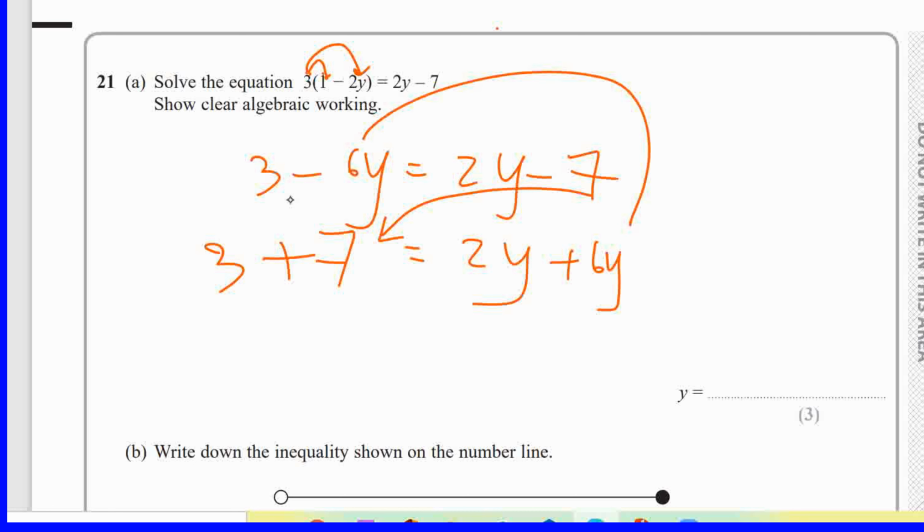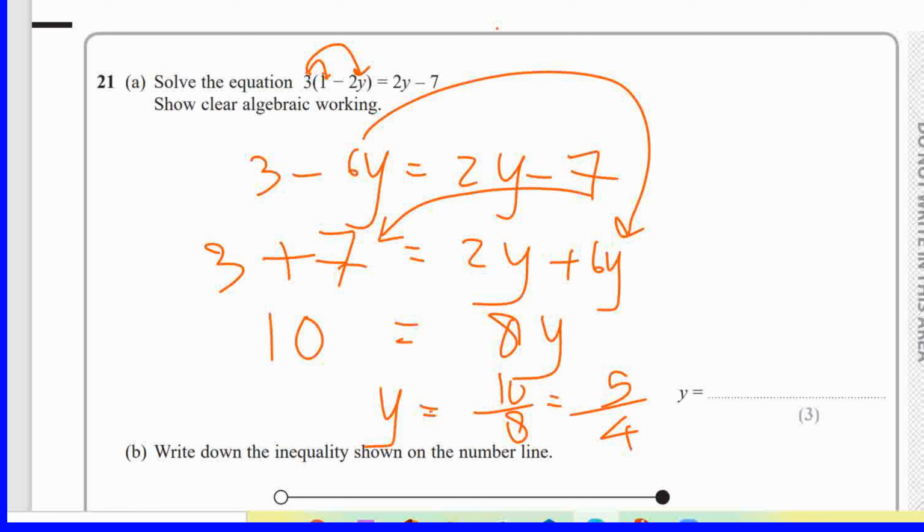So we'll get 10 equals 8y, and y is 5 over 4. That will be our answer. What I do is I move negative 6y to the right, I change the sign because it's crossing the middle line. Negative 7 moves to the left. So that's 1.25. 5 over 4 is 1.25.